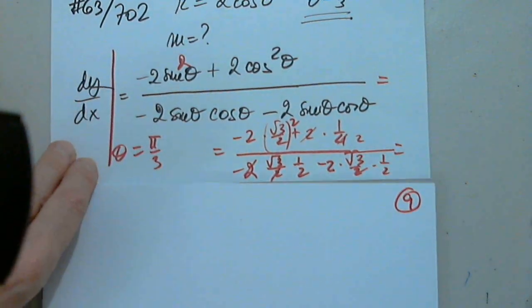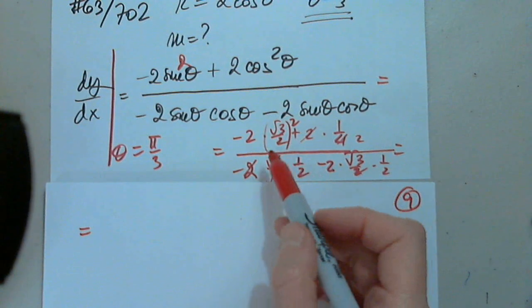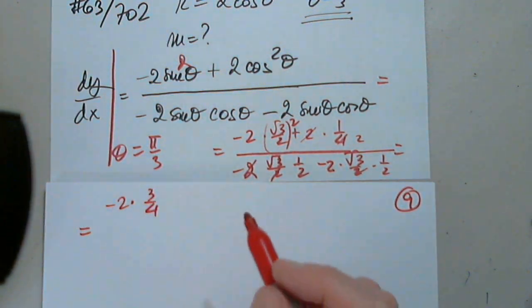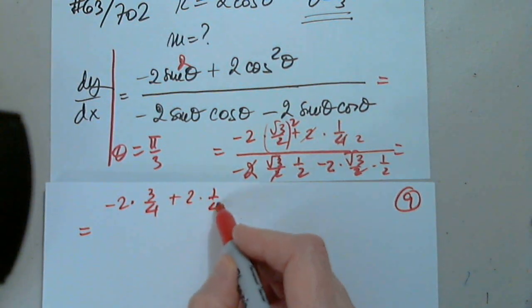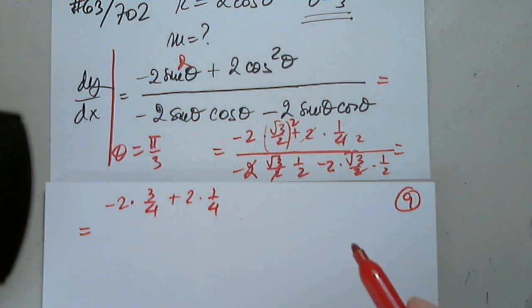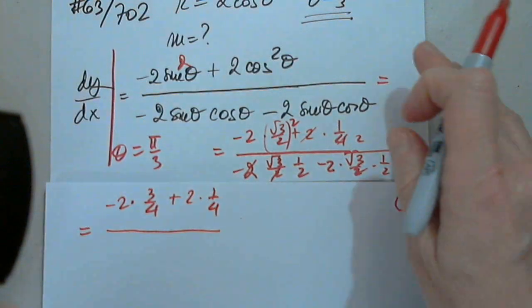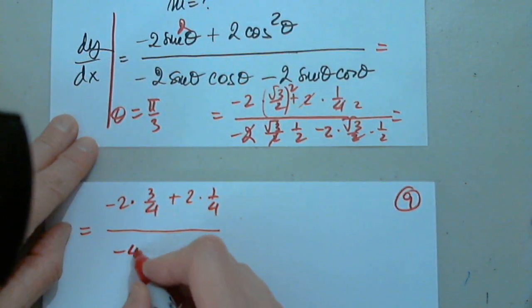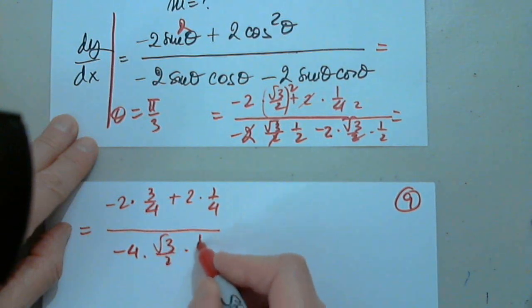Okay, so we have -2 times 3 over 4 plus 2 times 1 over 4. And the denominator is basically -4 times the square root of 3 over 2 times 1/2.